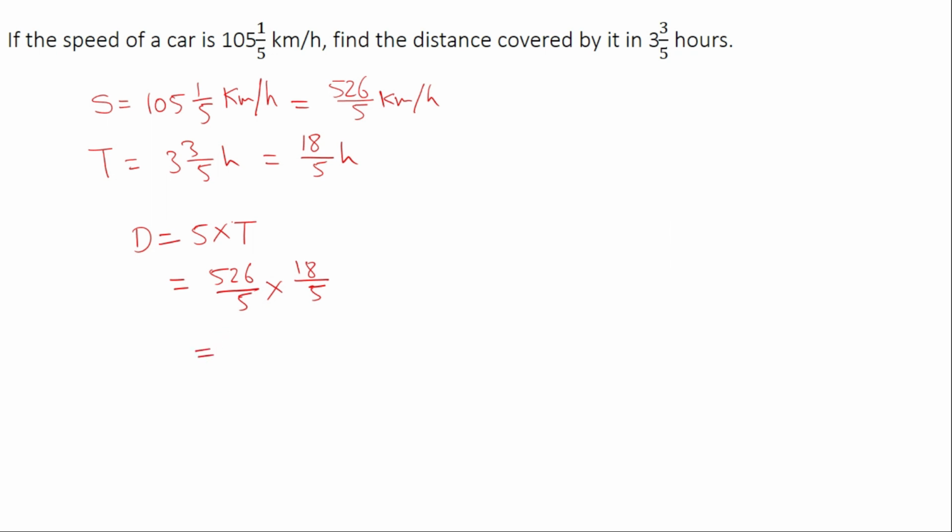When you solve it, you will get the answer 378 whole 18 by 25 kilometer. This will be our answer.